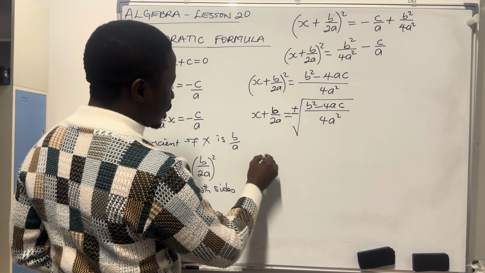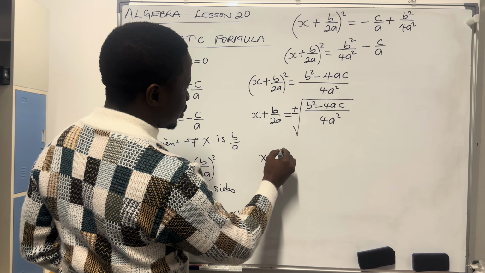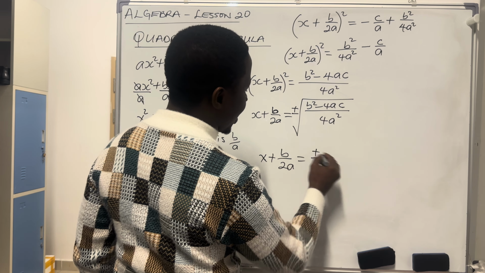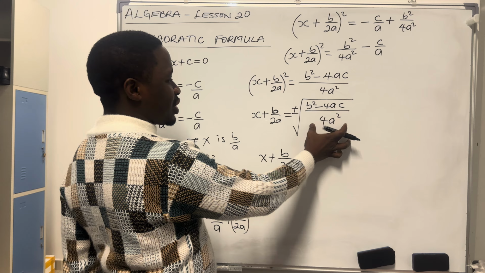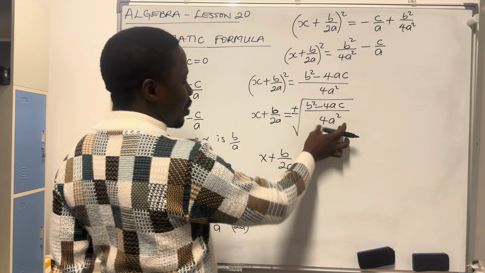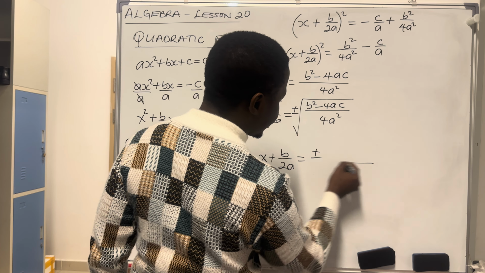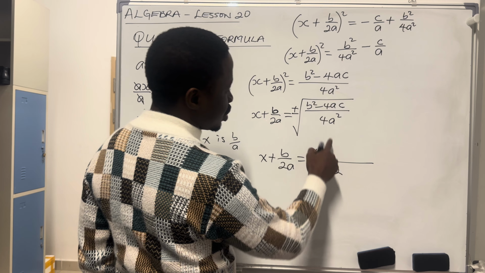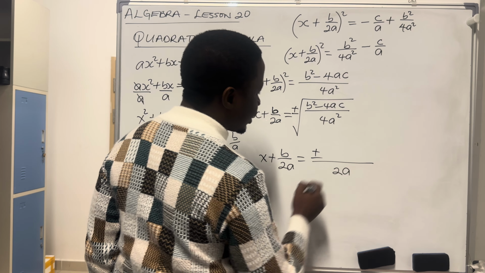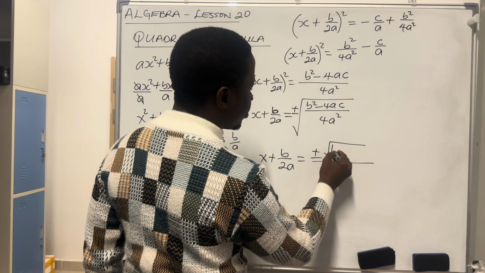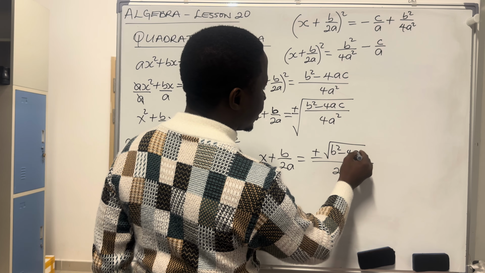So in that case, x plus b over 2a is equal to plus or minus. Down here is a perfect square. At the top, not a perfect square. So since down here we have a perfect square, the square root of 4 is 2. Square root of a squared is a. So the root only stops at the top, b squared minus 4ac.